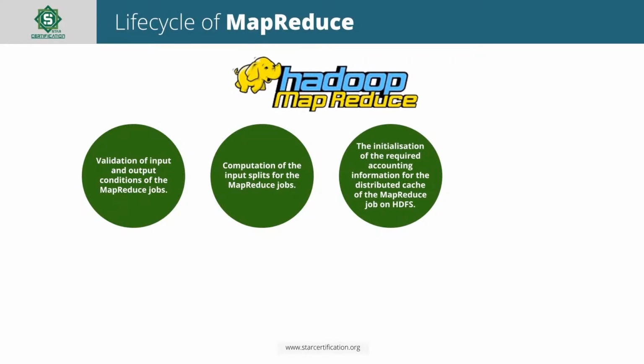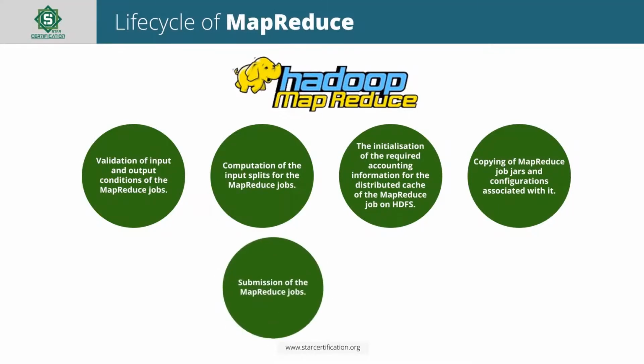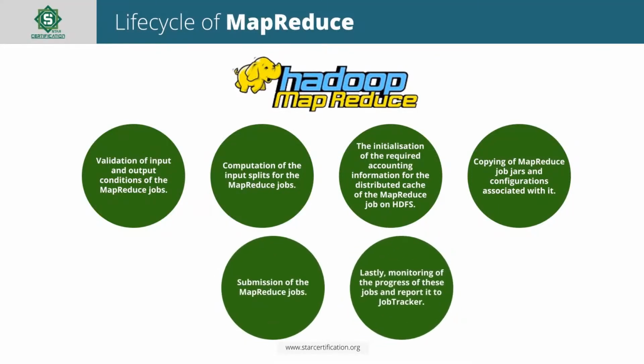Then, the required accounting information for the distributed cache of the MapReduce job on HDFS is initialized. Then, the MapReduce job jars and configurations associated with it are copied. Then, the MapReduce job is submitted. Lastly, the progress of the job is monitored and reported to the job tracker.